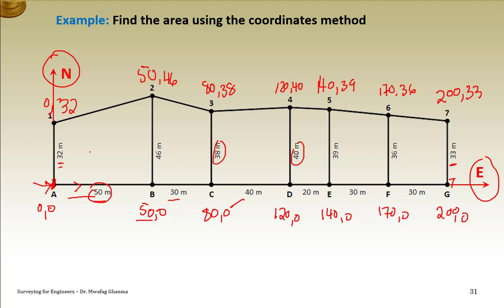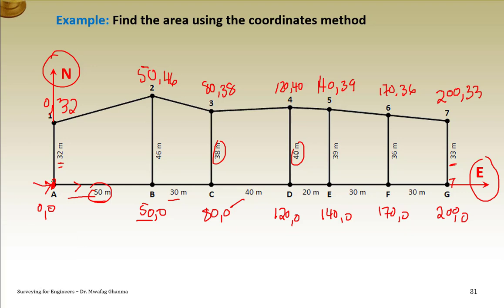Now, if you want to prepare K1 and K2, you have to list the points that you need to work with. If you remember, we said that if there are points on the same straight line, we do not take all of them; we take only the first and the last.